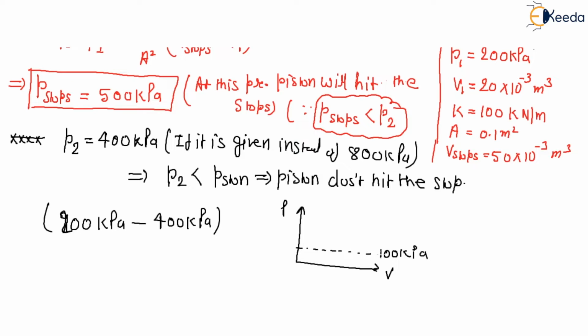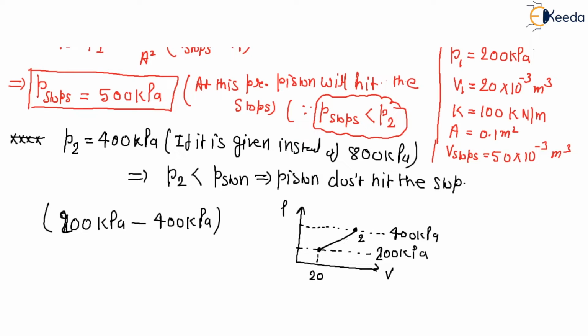The initial volume is given as 20 liters. Now the final pressure P2 is given as 400 kilopascal. This is your final pressure, but it does not hit the stop, so the pressure will increase linearly.